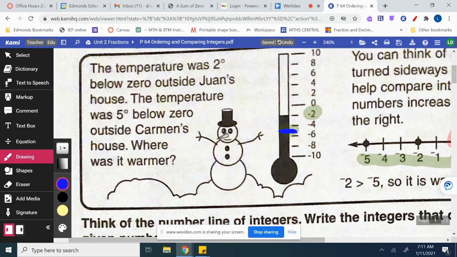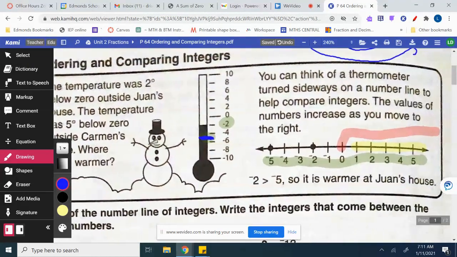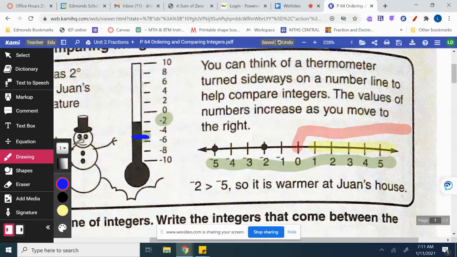Whose house was warmer? You can think of it as if the monitor turned sideways. So we're looking at this number versus this number. And we're looking for the number closest to 0 or higher, which is going to tell us which one is warmer. So -2 is greater than -5.